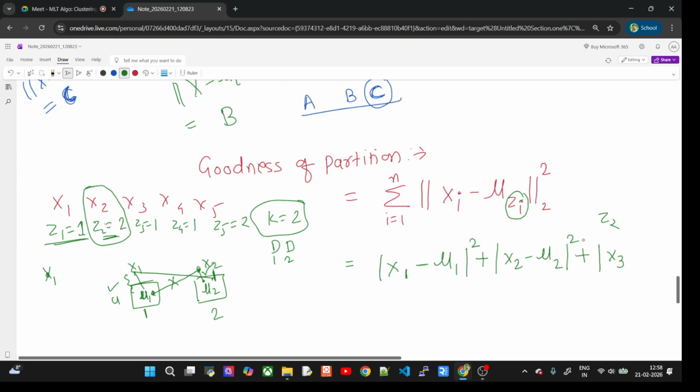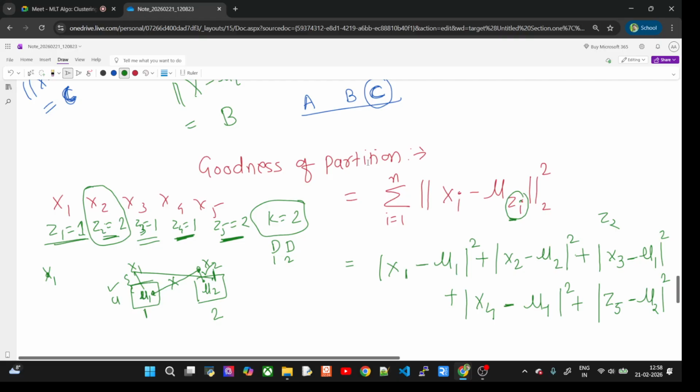Then x3: z3 is 1, so minus mu1 square, plus x4 minus mu1, since z4 is 1, square, plus x5 minus mu2, since z5 is 2, square. You get these values.